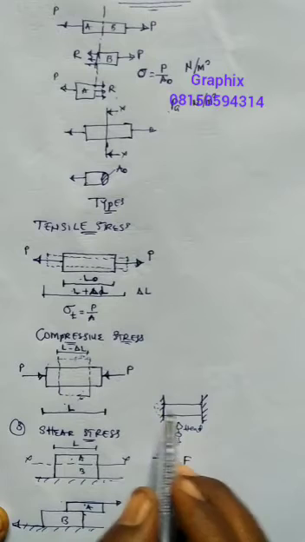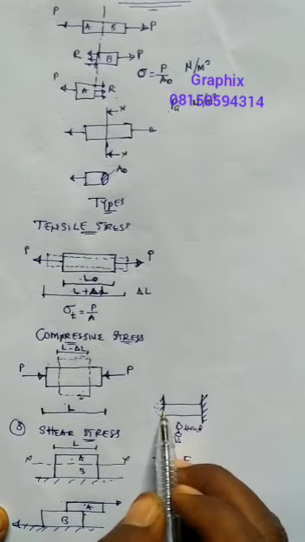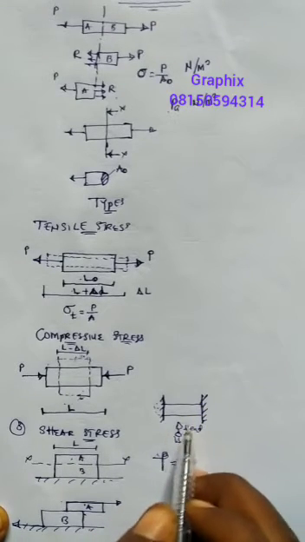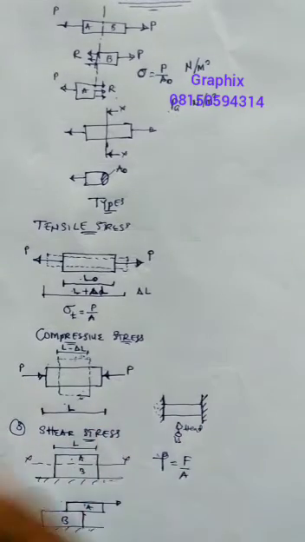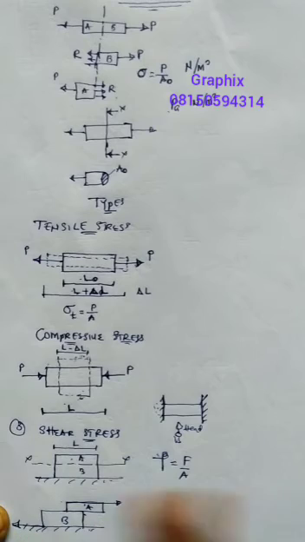When this material is trying to expand, the fixed axis will be restricting it. As a result, there's a thermal stress. And we also have the torsional stress, and so on and so forth. So we'll move further and see how it goes.